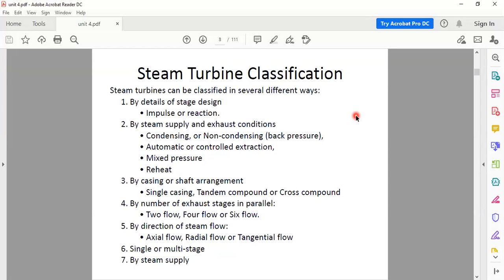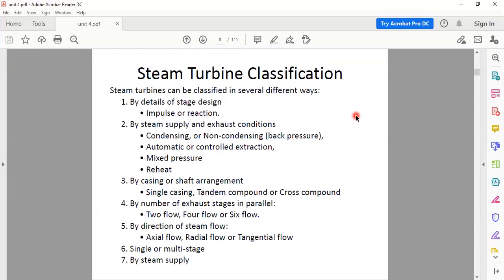According to casing and shaft arrangement: single casing, tandem compound and cross compound.